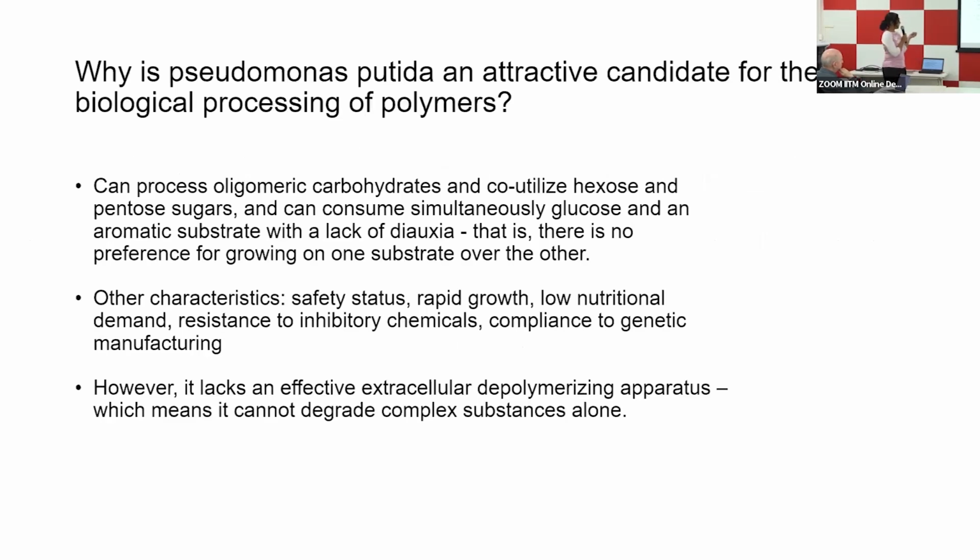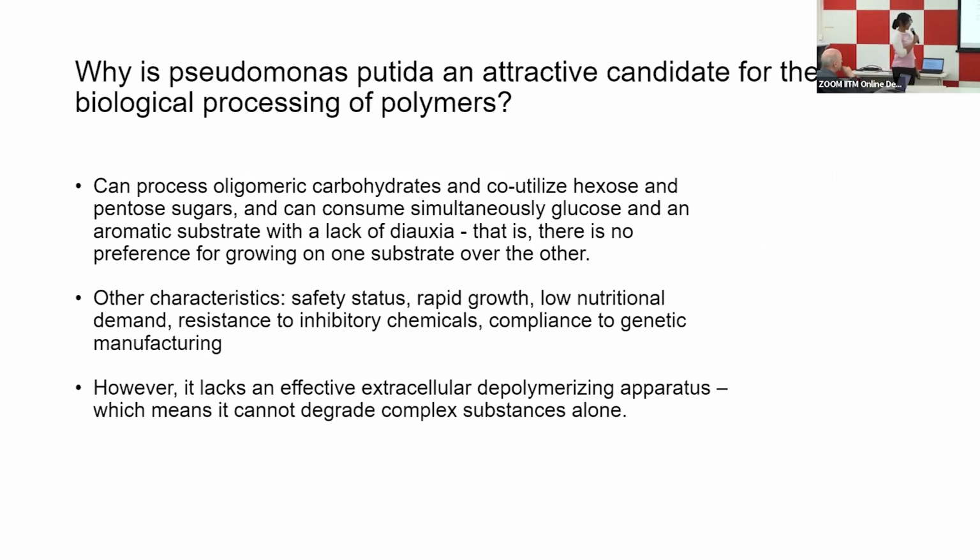So for this, we're using Pseudomonas putida. And why is Pseudomonas putida an attractive candidate for this? So we have found that it can utilize various carbohydrates and carbon matter efficiently to produce useful valuable substrates. And we have also seen that it has other characteristics like its safety status, rapid growth, low nutritional demand, and various others.